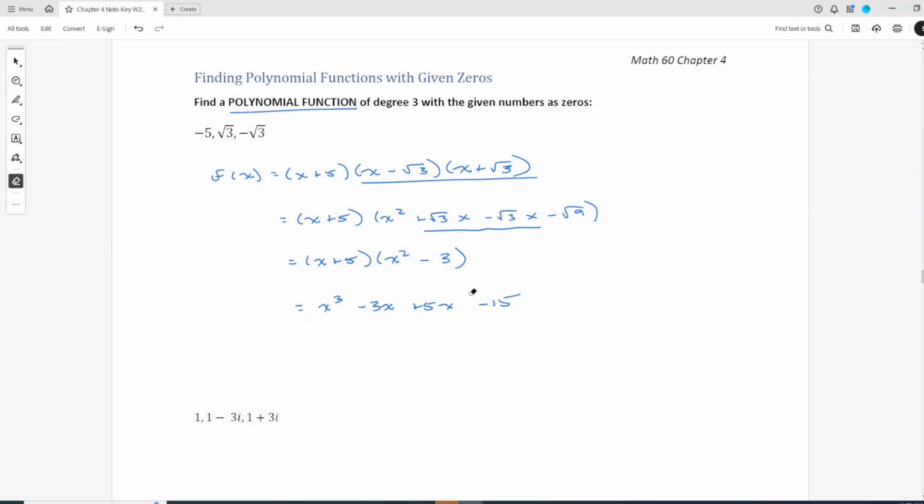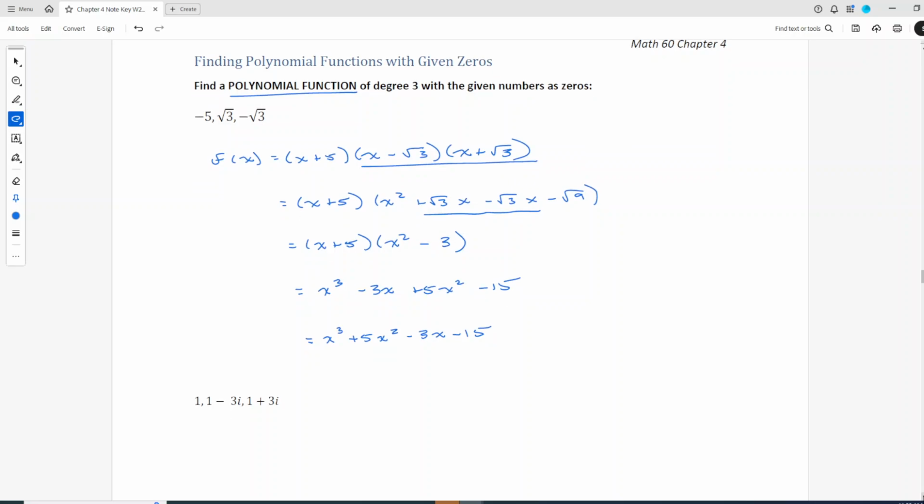I did x times x squared, x times negative 3, 5 times x squared, and 5 times negative 3. And then I would just make sure that it's written in descending order of power. So x cubed plus 5x squared minus 3x minus 15 would be my polynomial function with a degree of 3 because I started with 3 linear factors.